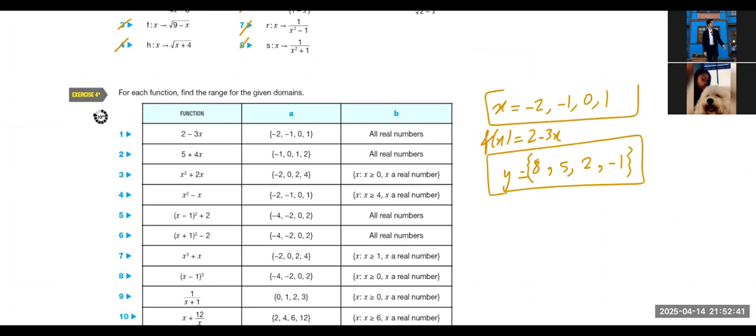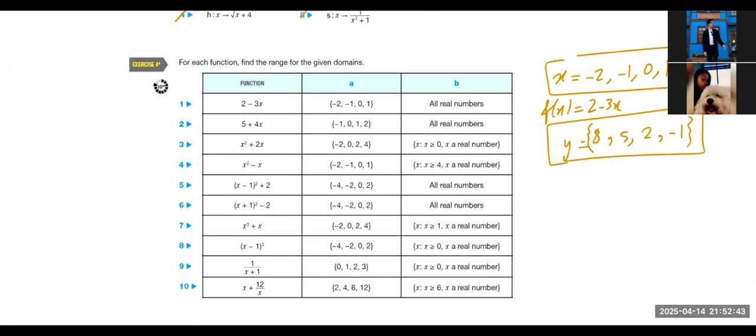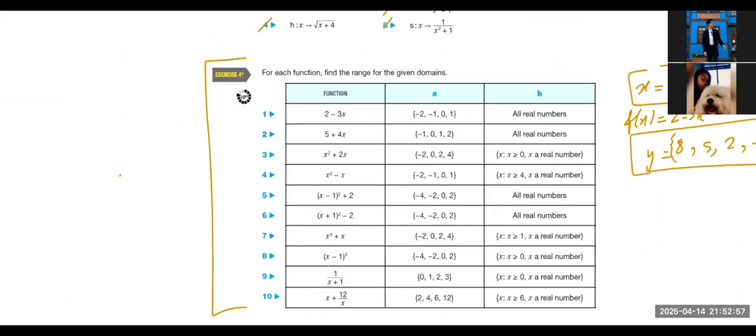So I want you to try out. This is a very confusing question. I think let's skip it for now, but I want to do this together. Exercise for next class.